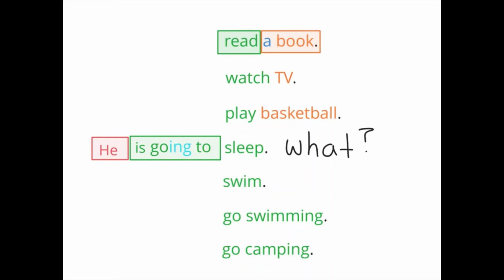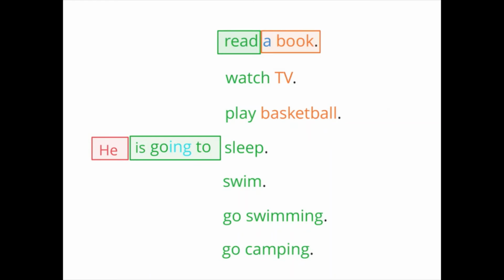He is going to sleep bed. That does not make sense. We might want to know where is he going to sleep, but the answer to where is answered in a prepositional phrase. So we could say he is going to sleep in his bed, or he is going to sleep in a sleeping bag.